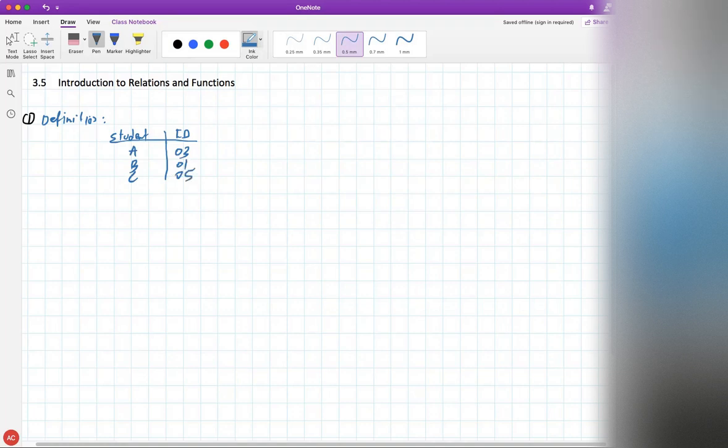So basically a table is also called a relation. Another name for a table is a relation, simply because it relates data from one column to the other. The data here is related to the data in the other column. For example, student A has ID 03. So we can put that together in a pair like this. We call this a pair or ordered pair.